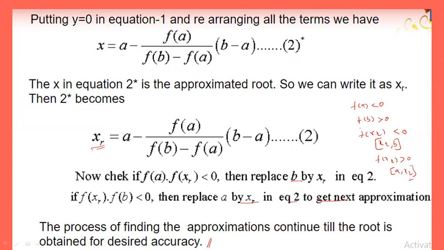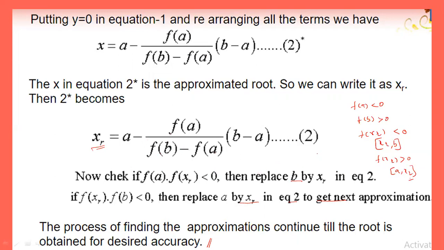In the first option, replace a with x1; in the second option, replace b with x1. Like that, you have to do the problem. Find x2, next x3, and so on, till you get the required result. This is called the regula falsi method.